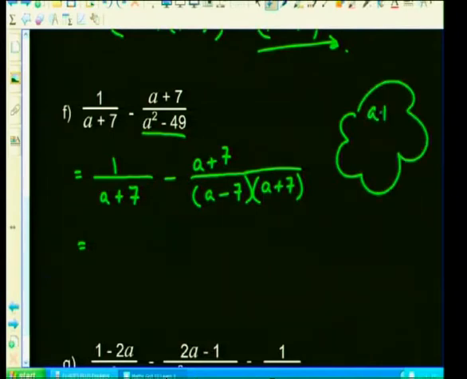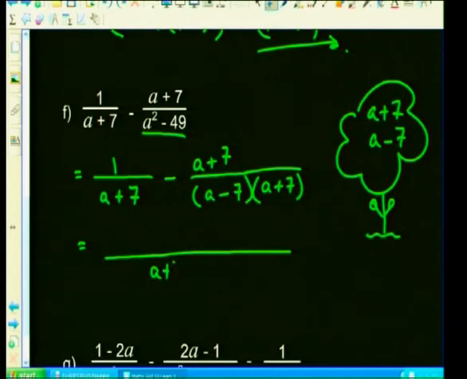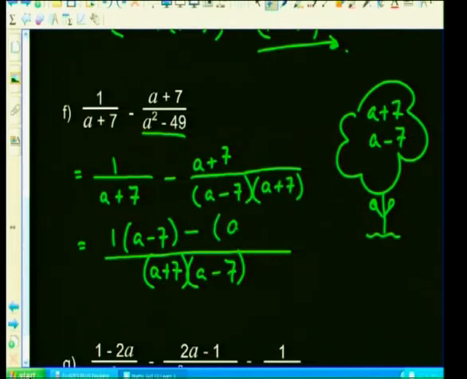Well, a plus 7, a minus 7 includes both our factors. And actually, I call that my flower number because it's going to make fractions blooming easy. Here we go. A plus 7, a minus 7 as my denominator. What's the missing bit? A minus 7 over there.